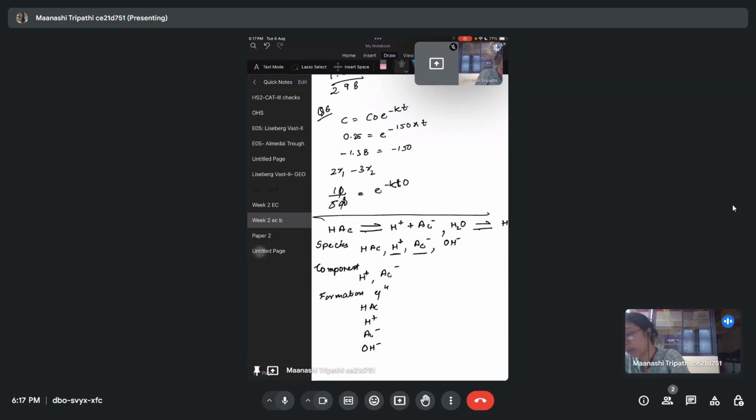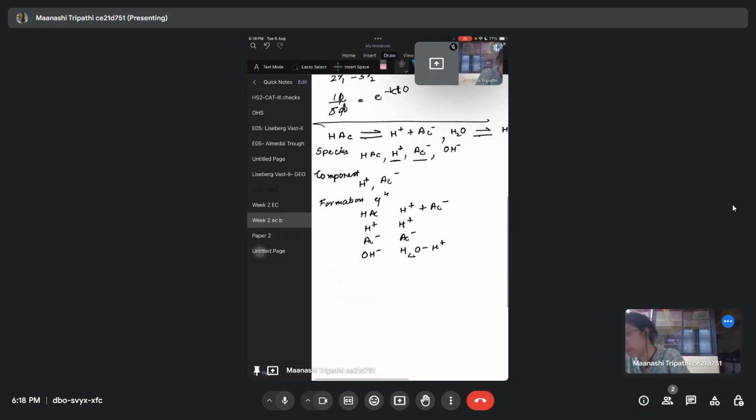For HAc, it will be H plus plus Ac negative. For H plus, it's H plus. For Ac negative, it's Ac negative. And for OH, it will be H2O minus H plus.